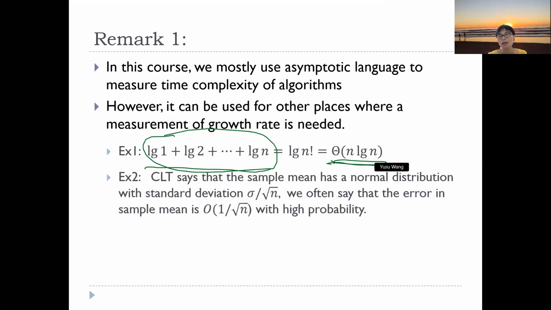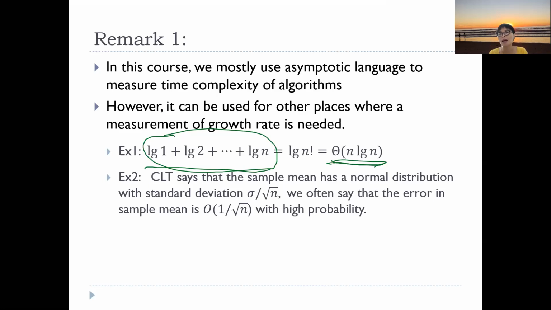Or in your 40A, we talk about the central limit theorem, where the sample mean has a normal distribution with standard deviation of sigma over the square root of n. We often say that the error, we don't want to precisely specify what this sigma is, what the other constants involved are.